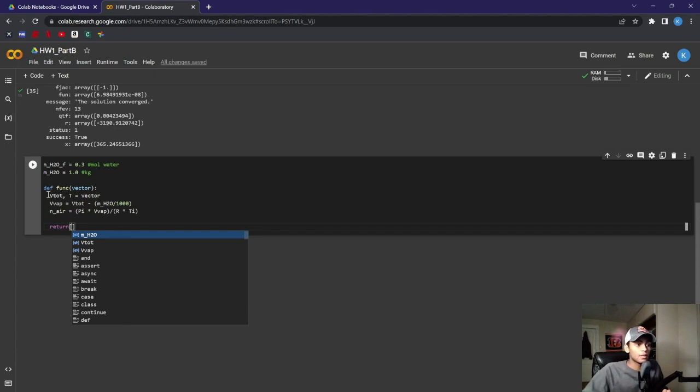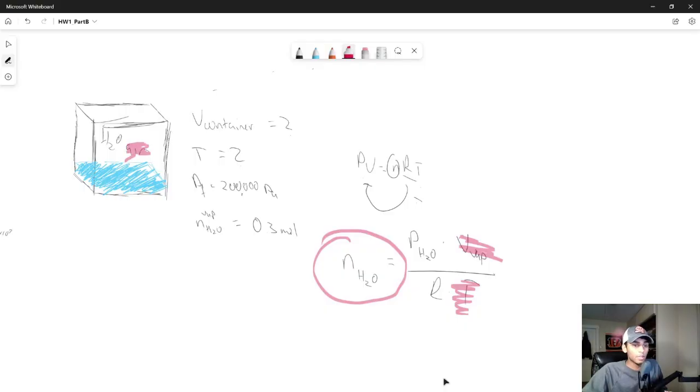So since we have our total volume first and then our temperature second, we have to make sure that the total volume is the first part of our function. That total volume function is just going to be coming from this equation right here, right? That's going to give us our optimization for this volume.